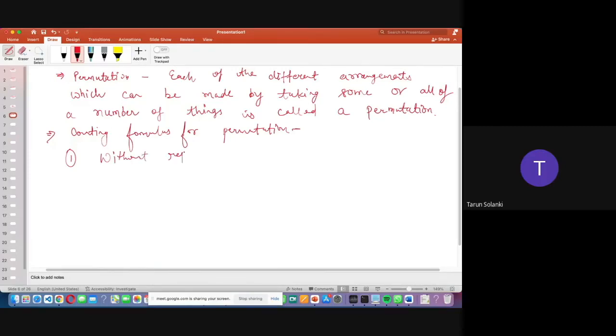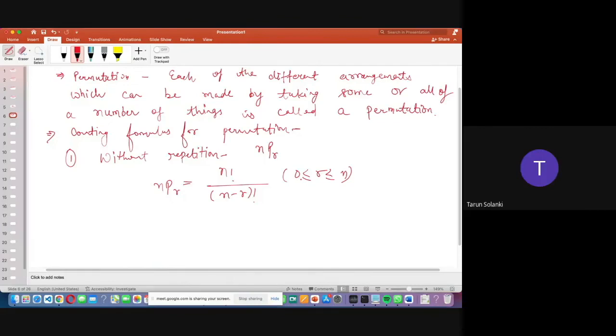So the number of permutations of n different things taken r at a time is denoted by nPr. Okay, so that is nPr will become n factorial divided by (n minus r) factorial. Here r should be in this range.